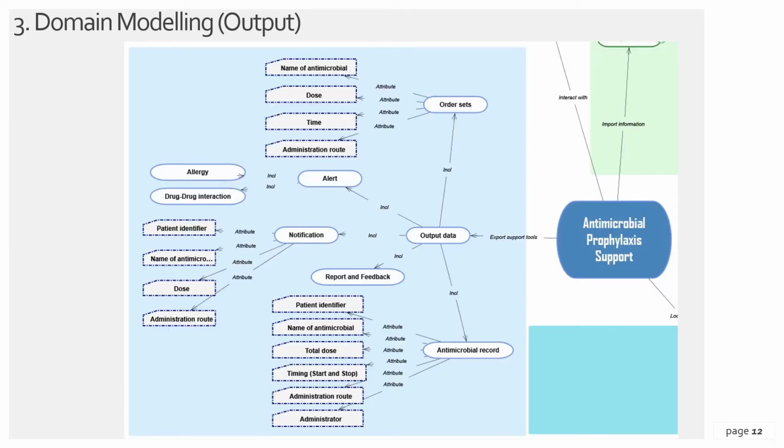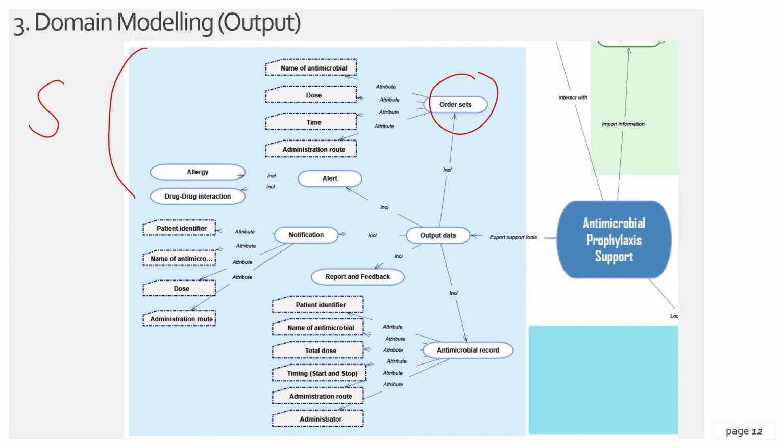The APS output data include an order set, which recommends the name of the antimicrobial, the dose, the time, and the administration route for the surgeons. Also, it alerts to any conflict with allergy, history of the patient, or drug-drug interaction during the prescribing step.